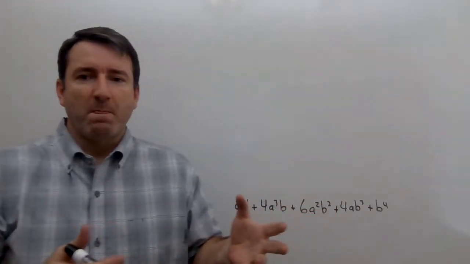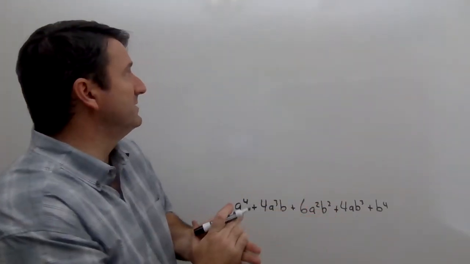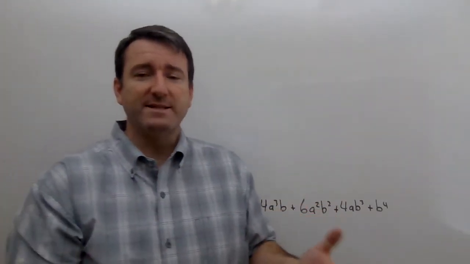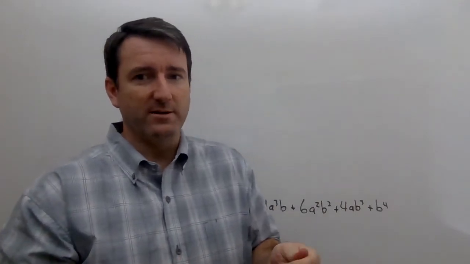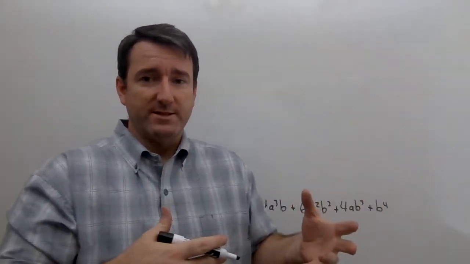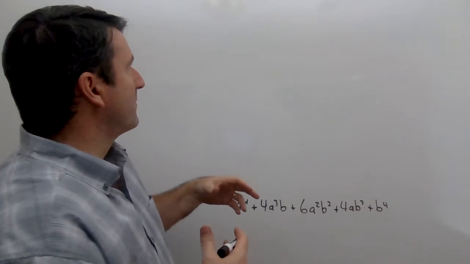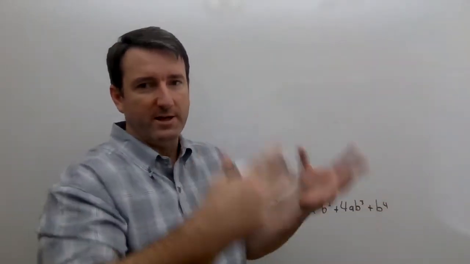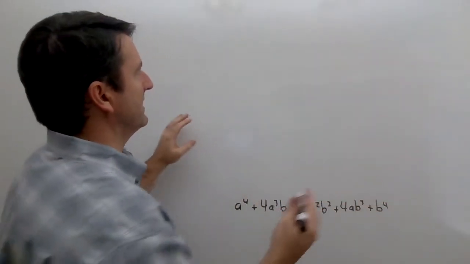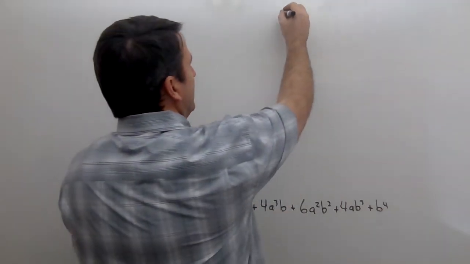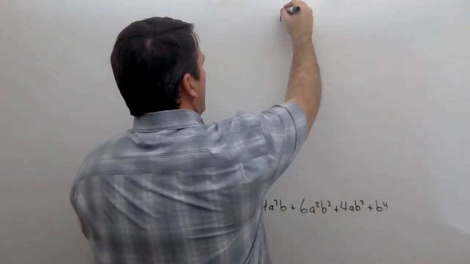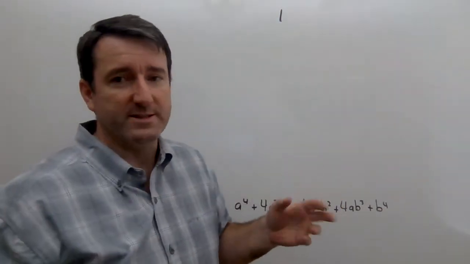So starting off, we want to use something called Pascal's triangle. Pascal's triangle is just a sequence that is usually written out in this triangular shape. So if we start at the top, we'll start with 1. That's the first number in this sequence.